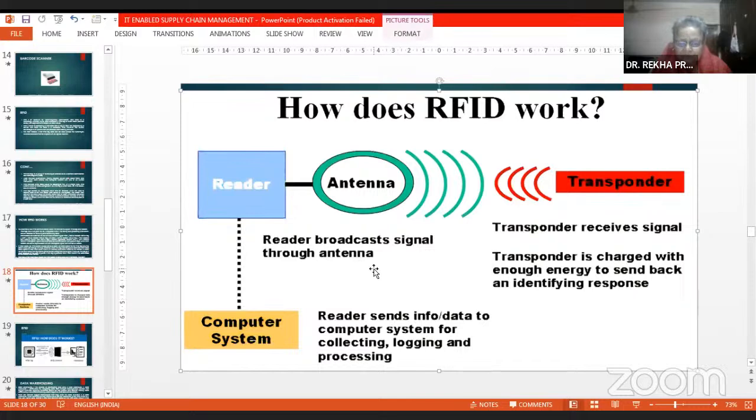Reader broadcasts signal through antenna. Reader sends information data to the computer system for collecting, logging, and processing. So everything is captured in this computer system, which can be further analyzed and used for running the supply chain in a smoother way.